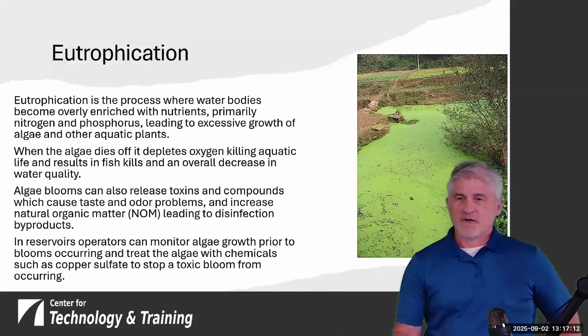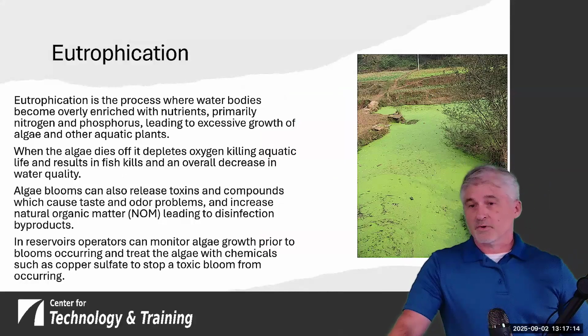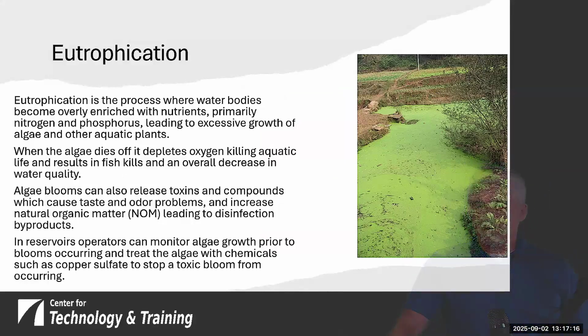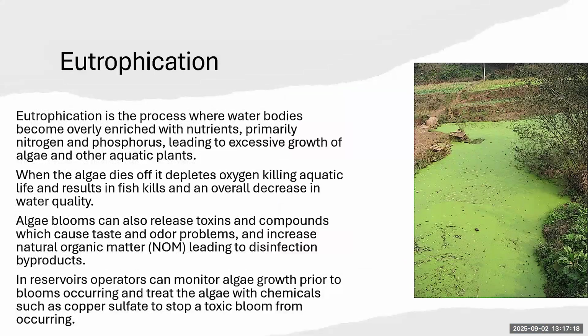Another thing to expect if we've got surface water is the potential for eutrophication. Warm, slowly moving water, along with nitrogen and phosphorus, make for environments that are conducive to this process.